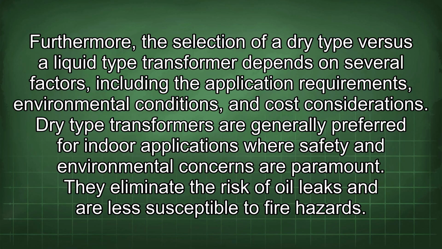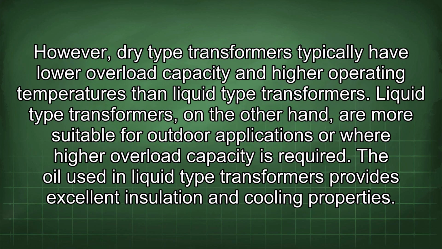They eliminate the risk of oil leaks and are less susceptible to fire hazards. However, dry-type transformers typically have lower overload capacity and higher operating temperatures than liquid-type transformers. Liquid-type transformers, on the other hand, are more suitable for outdoor applications or where higher overload capacity is required.